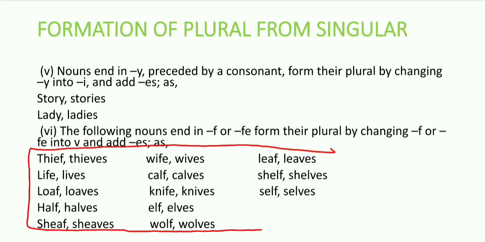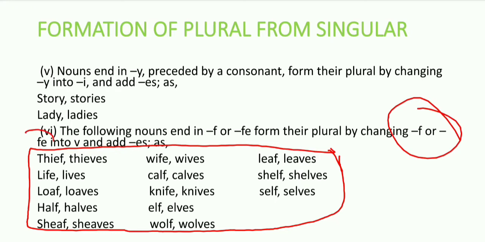These are the only nouns that make their plural by changing f and fe into v and adding es. Keep in mind, these are the only nouns which change into ves.